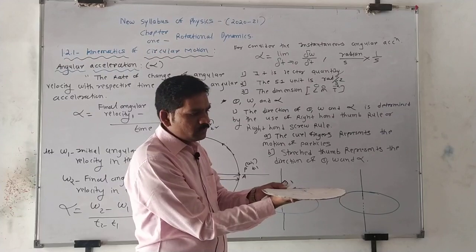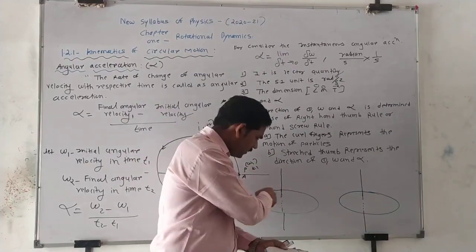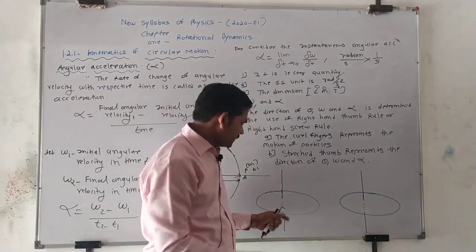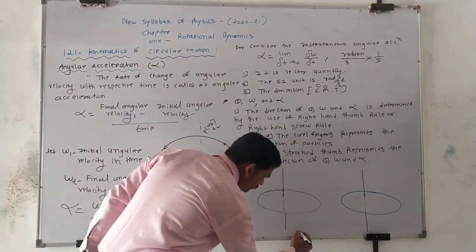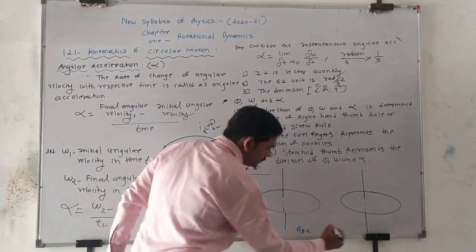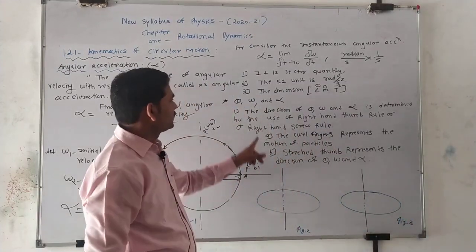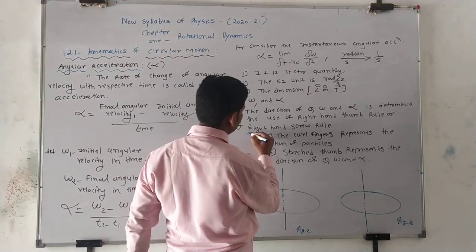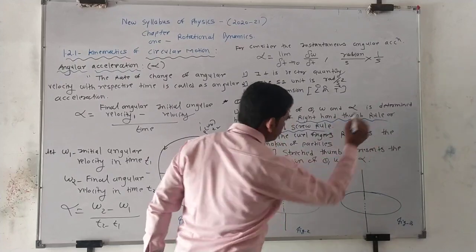In front view we would see a straight line, so for complete understanding we draw it in elliptical shape. So this is figure number 1, figure number 2, and figure number 3, to understand the concept of the right hand thumb rule, or right hand screw rule.